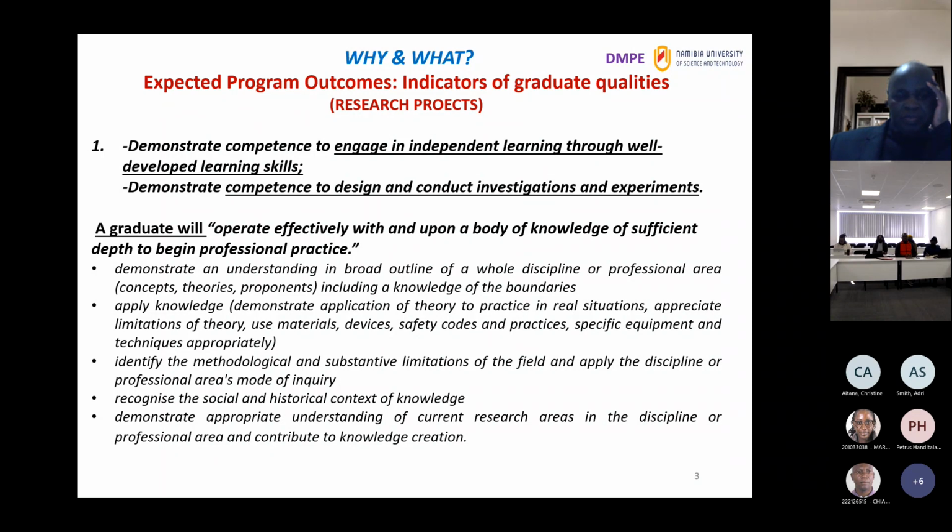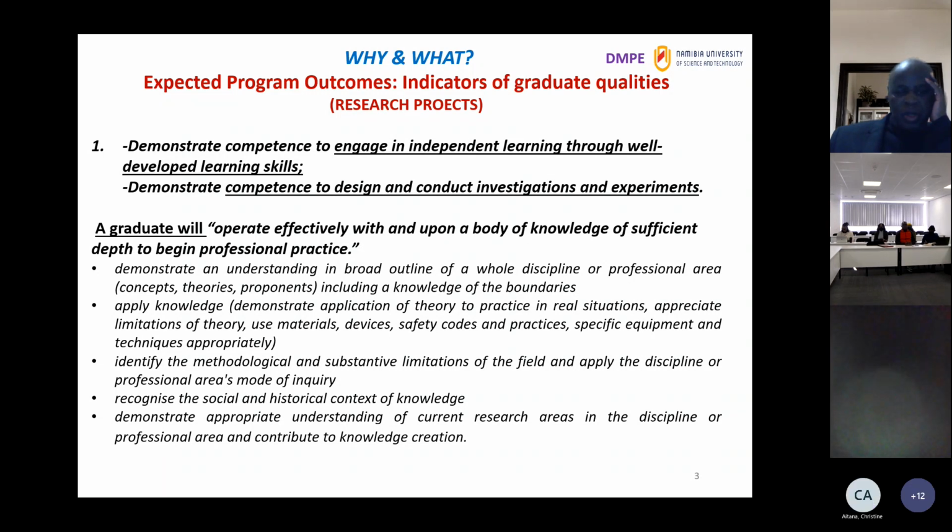And in that process, you demonstrate that you can effectively contribute to knowledge creation and knowledge application. So that is the first graduate attribute that necessitates for a student to engage in research activities. Because at the end of the day, it is not the certificate that makes you a better graduate, but what you have acquired, imbibed in terms of some of these things we're talking about here right now.